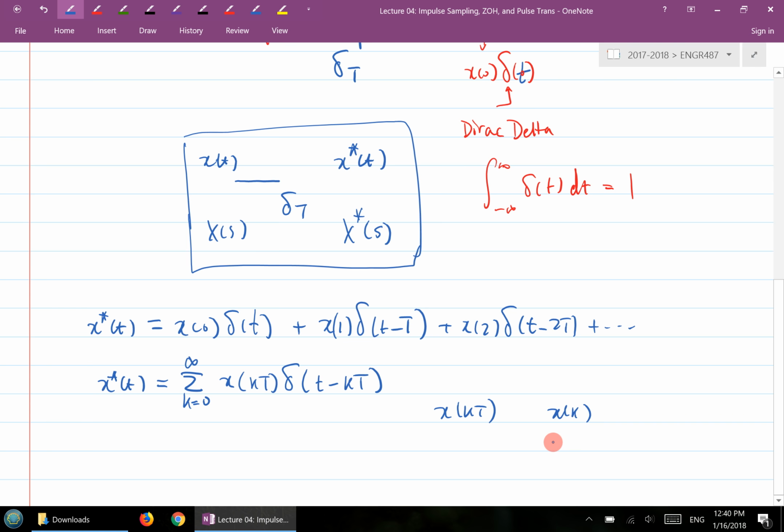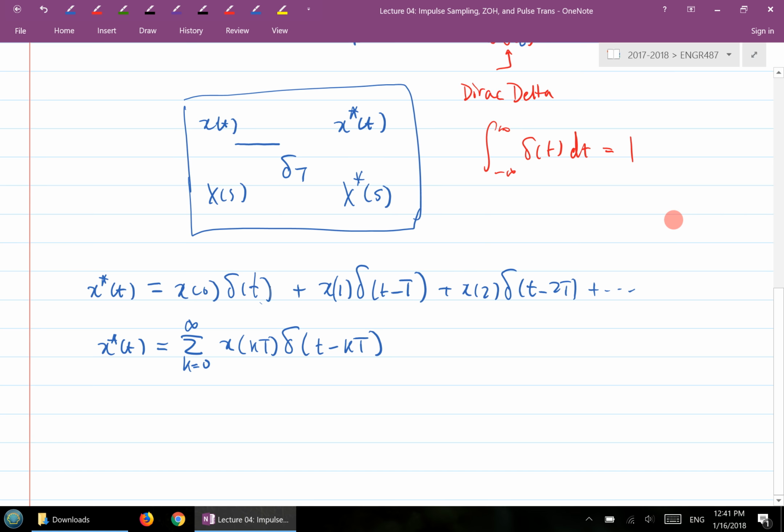The Z transform or discrete analysis cares about the information of the sampling T, but if you're only given a sequence of numbers, then that's basically x of k. It doesn't contradict, so you could just write x of k here.